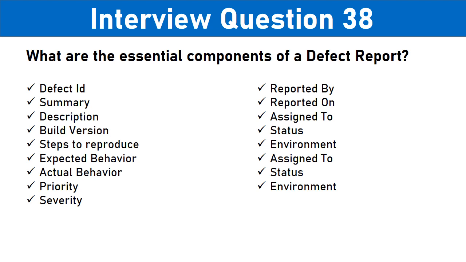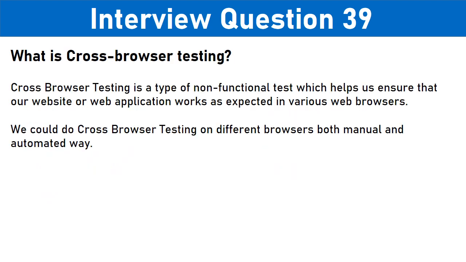Well, here we need to remember, there are plenty of defect management tools in the market which have different defect reporting fields, but more or less, they have the following essential fields or attributes of defect reporting: defect ID, summary, description, build version, steps to reproduce, expected behavior, actual behavior, priority, severity, reported by, reported on, assigned to, status, environment.